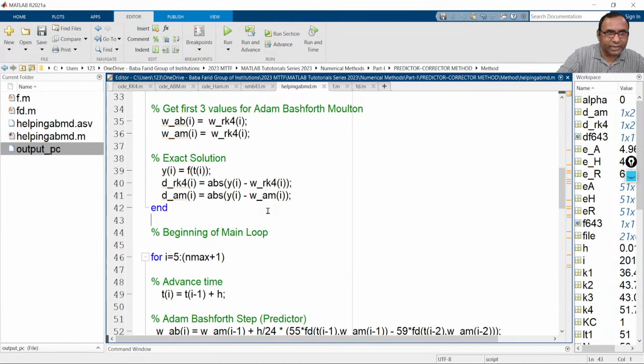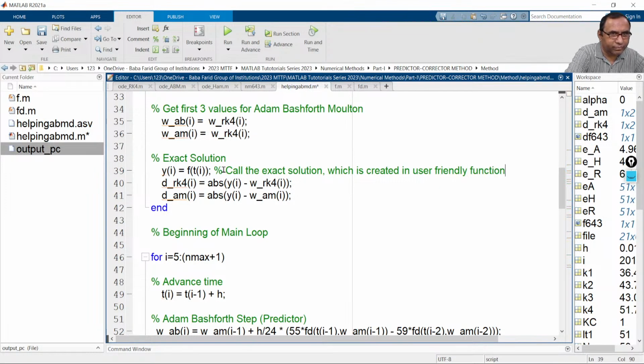So here is called the exact solution, which is created in a user-friendly function.